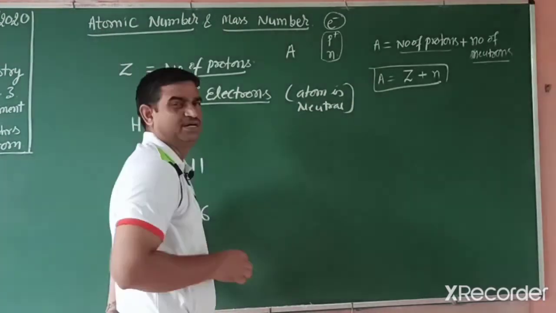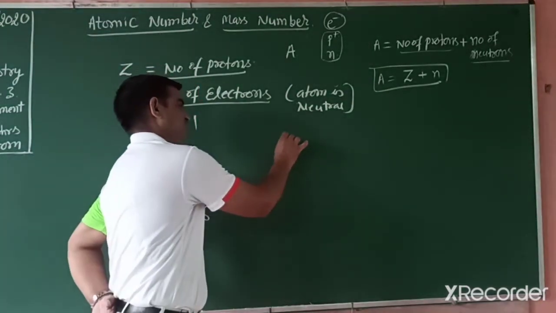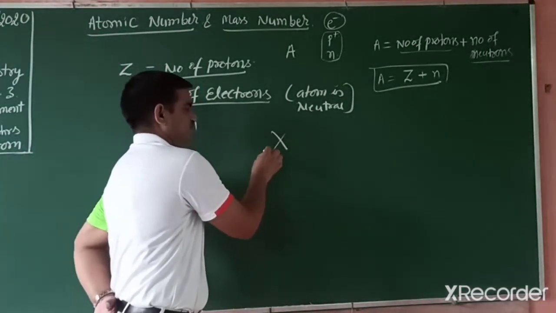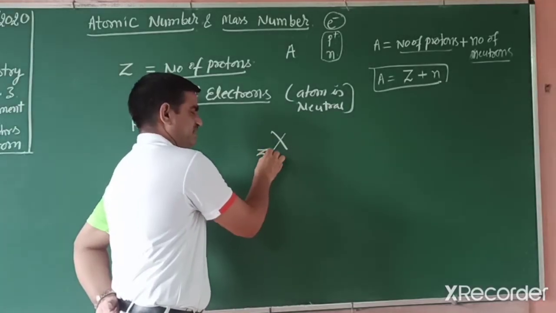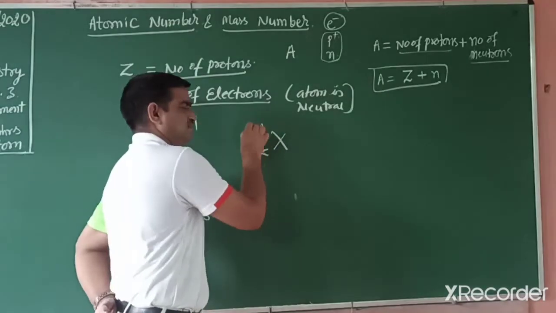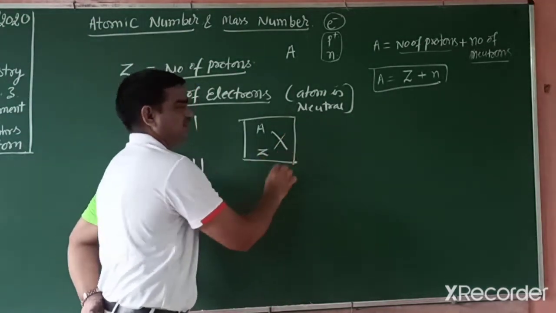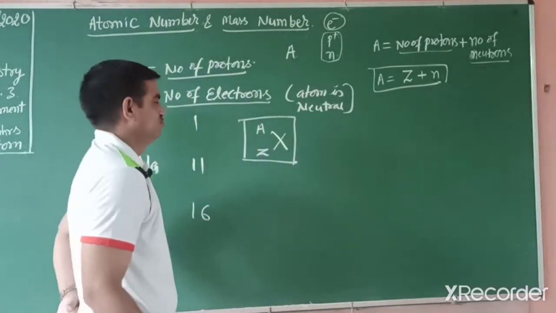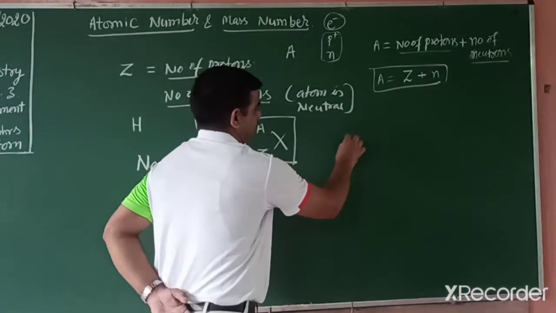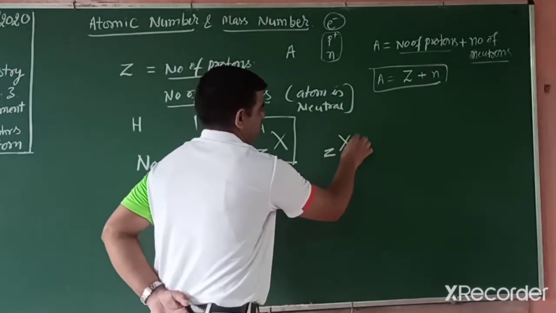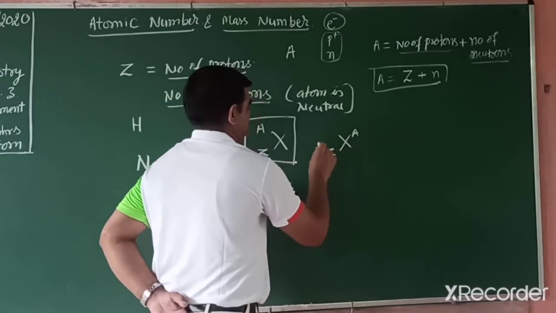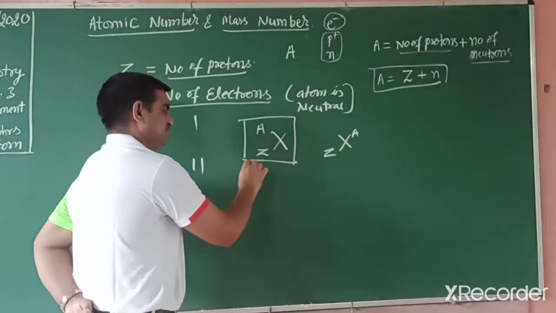Any symbol, how can we represent, students? If any element symbol is X, on the lower side we write the atomic number, on the upper side we write the atomic mass. So in this way we represent any element. Earlier we represented it with the atomic number on this side and the mass number on this side, but these days we represent it like this.